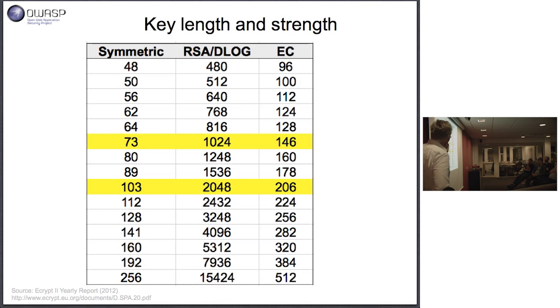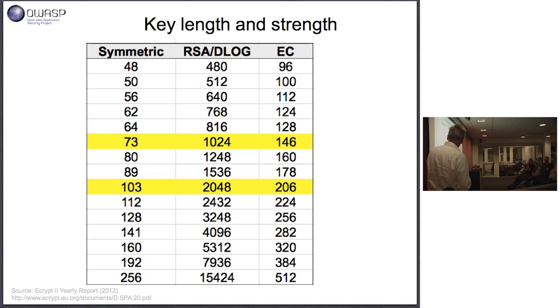Also, talking about key strength, because that also comes up. We're talking now about 1024-bit RSA keys being deprecated, and we try to move to 2048. This is sort of a comparison of symmetric keys with RSA keys and elliptic curve keys.